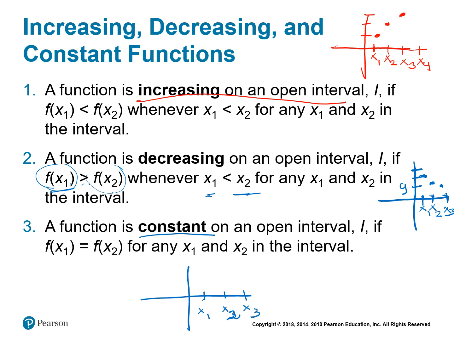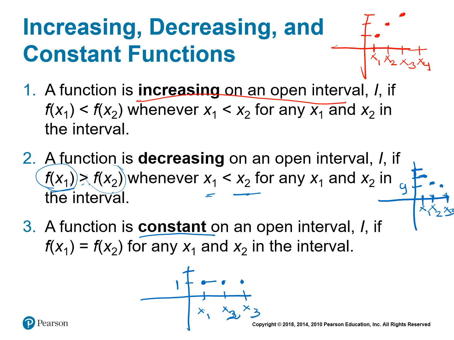So what it says is the corresponding y values don't change. They remain the same. So the y value for x sub 1, let's say, is 1. Then the corresponding y value for x sub 2 is also 1, doesn't change. The corresponding y value for x sub 3 is also 1.